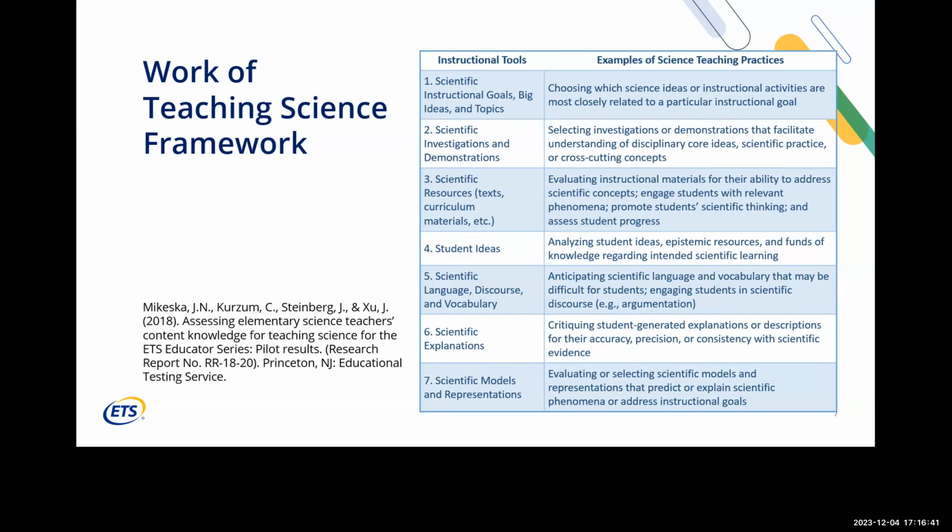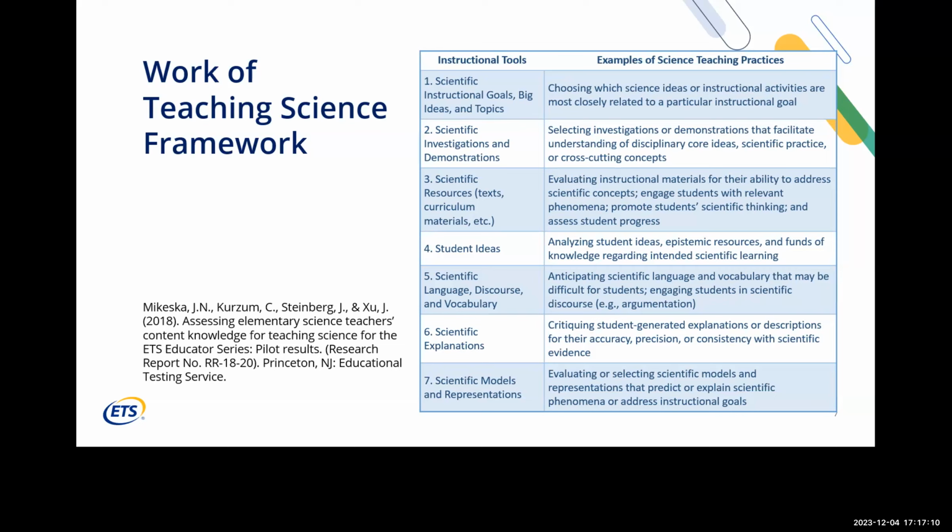For each of those 7 instructional tool categories, the national panel identified anywhere from 3 to 7 different science teaching practices that are critical for beginning elementary science teachers to know how to engage in to productively support student learning. I have some examples in the chart here, one example of a science teaching practice for each of those instructional tool categories.